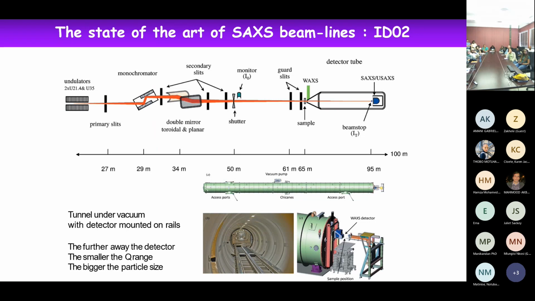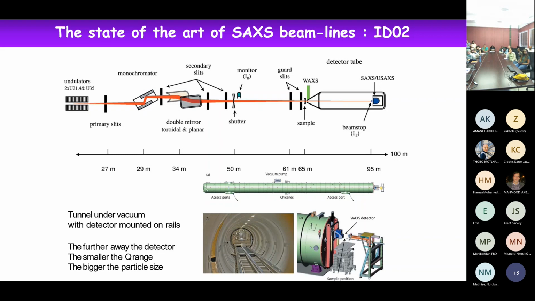Okay, so ID2 at the ESRF is one of the very, very best SAXS beamlines in the world, mainly because, you see, we have a tunnel like this. In this tunnel, you have a very high vacuum, and you can have a detector which can move from a position, where the sample is here, from about a few meters to about 30 meters. This location is 65, here is 95 meters.